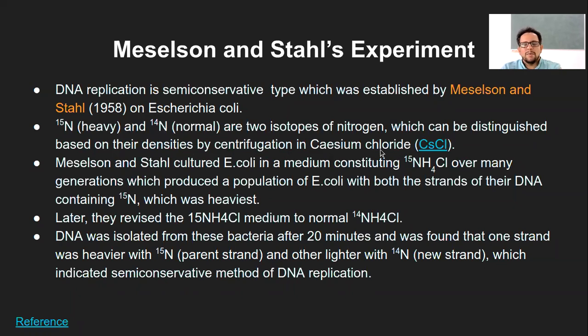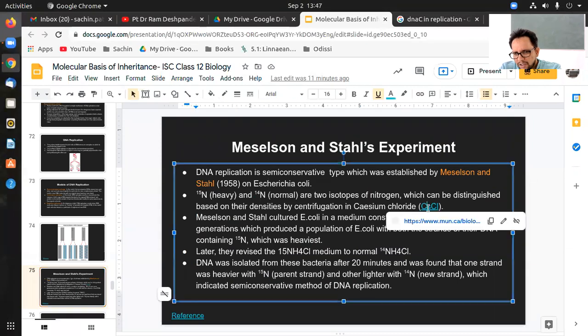Cesium chloride is widely used in centrifugal processes in biological experiments because it has a certain density, and based on that density the molecules separate in the cesium chloride solution. If you add DNA molecules, their separation is also controlled in the form of layers, which is why cesium chloride is used. If you want to read more, I have attached a reference here.